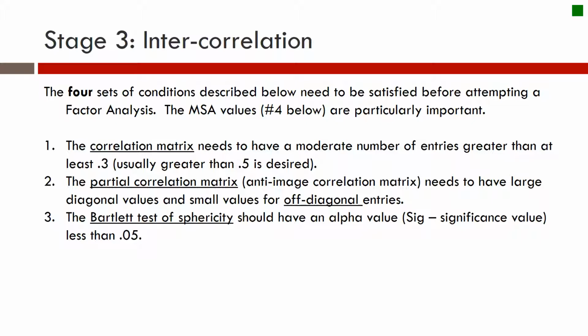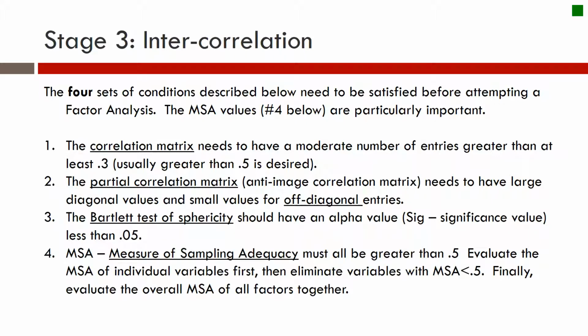Third look would be to do a Bartlett test of sphericity. The Bartlett test will help us understand, and it is a test with an alpha value, so it's like a significance level. It'll test for correlation within all the variables together, to confirm that there are levels of correlation that you would expect. And then the measure of sampling adequacy, the MSA, which is actually the most important thing, is the most robust, if you will.